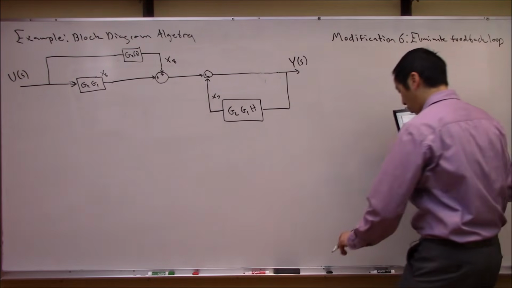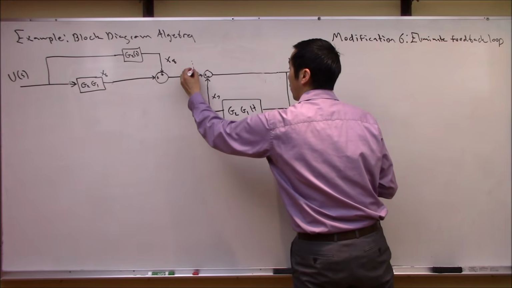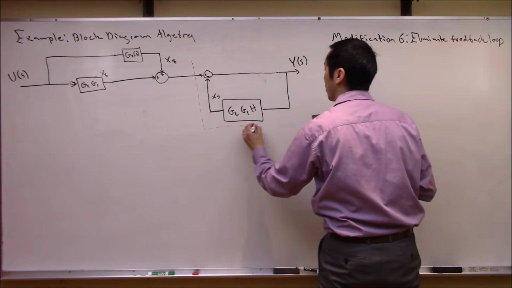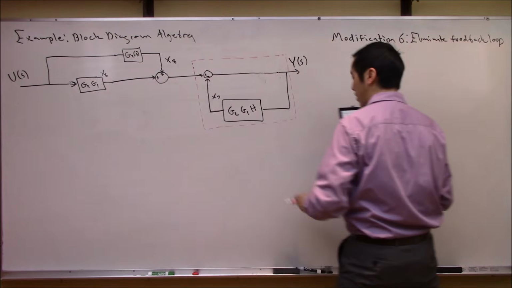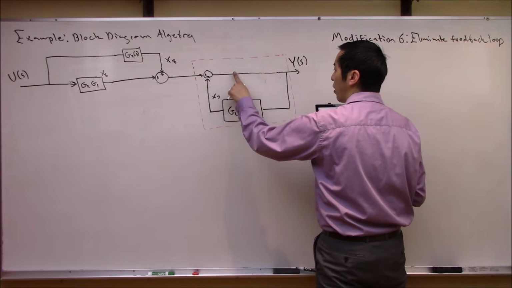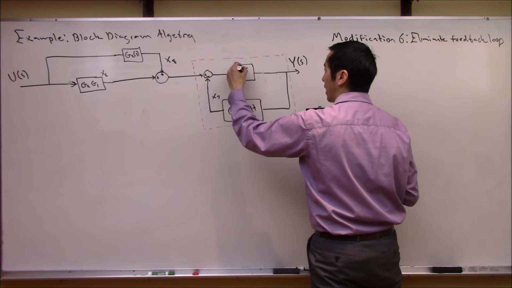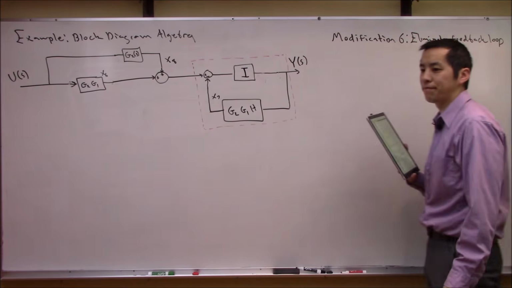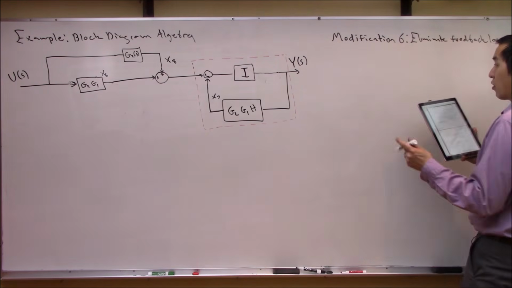What I mean by that is, here is a feedback loop, and this is a section I want to isolate. To make our lives a little easier, you can almost imagine that there's a block here which is just an identity, or a 1. Because if that's the case, this looks exactly like what we did earlier.